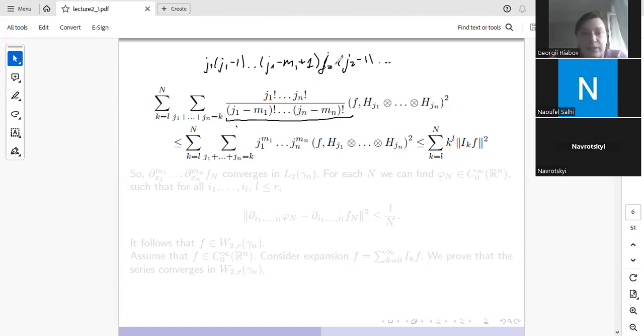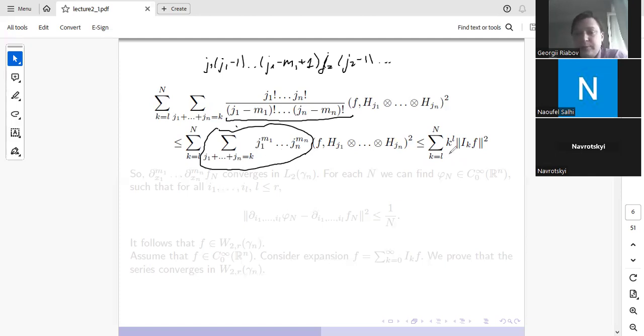It can be estimated just as the product of j1 to the power m1, ..., jn to the power mn. And this whole thing is less or equal to the sum of k to the power l, because j1 plus ... plus jn is equal to k.